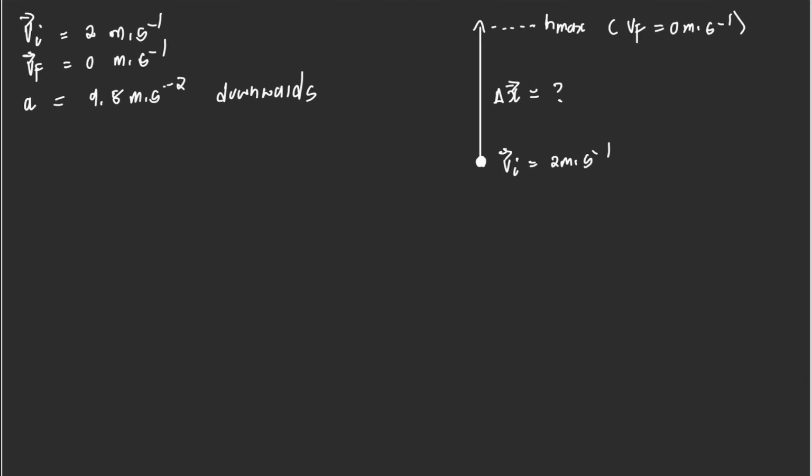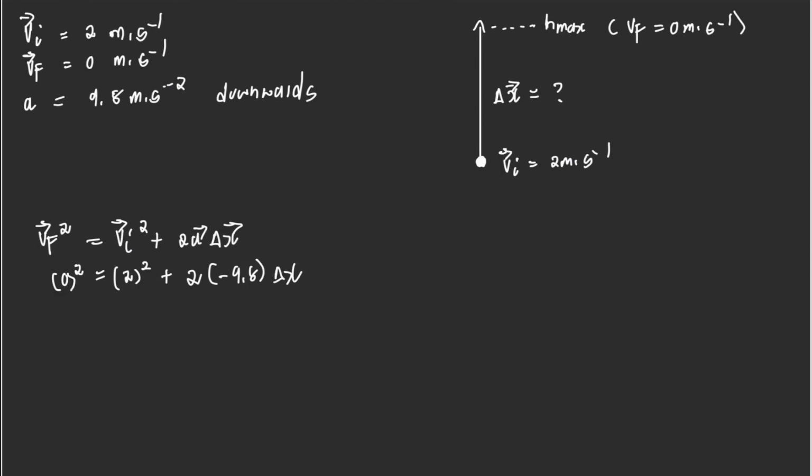VF squared is equal to VI squared plus 2A change in X, which is equal to 2 squared plus 2 into minus 9.8, because the direction of gravitation is always downwards, times change in X, and your VF is 0 at its maximum height.